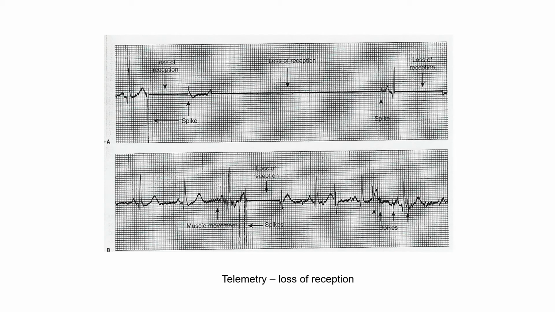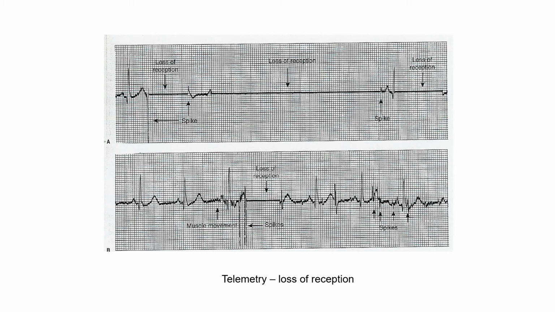If your patients are on telemetry, oftentimes the patient may drop their telemetry or their monitor because they walked out into a dead zone, what we call an area that's not picking up reception.